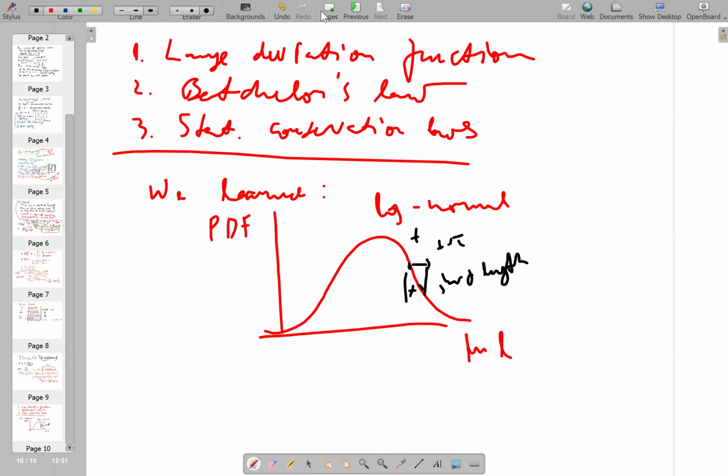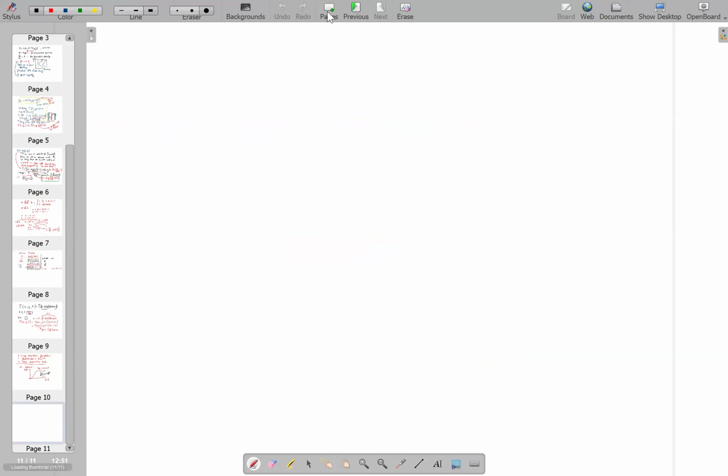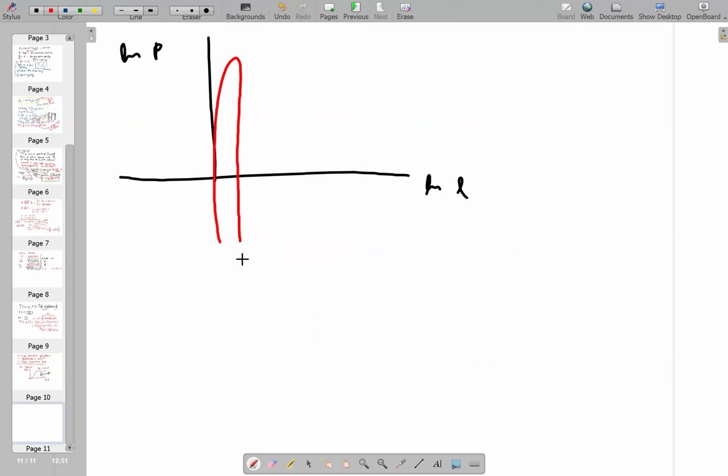Let me take a new slide. Let us plot here now a log plot: ln PDF, and here the logarithm of the length, ln l. At the first moment of time, t equal to 0, our curve is something like that. We have a very narrow distribution.